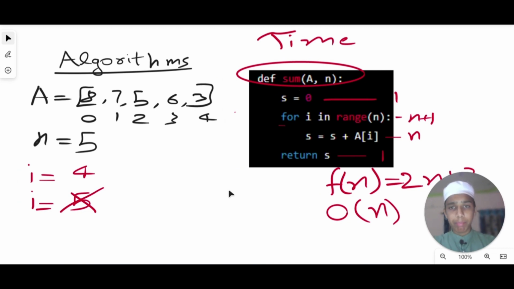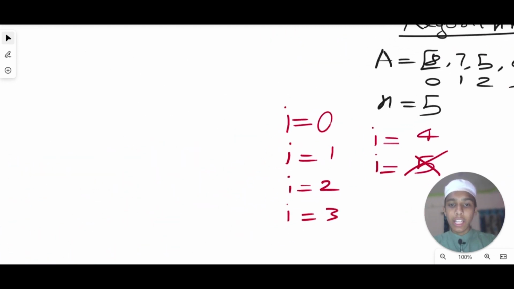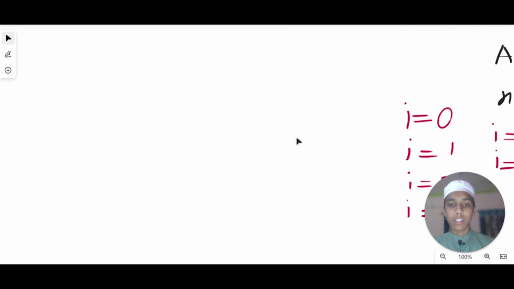Okay, now let's analyze the space taken by this Python program, this algorithm. So how do we do that? By finding how many variables we have: total 4 variables, a, n, s, I. So let's write that out here.